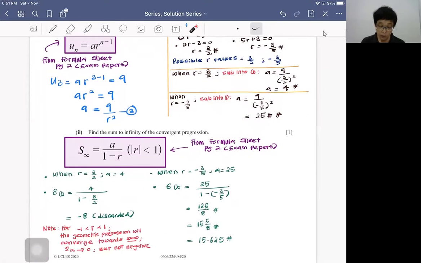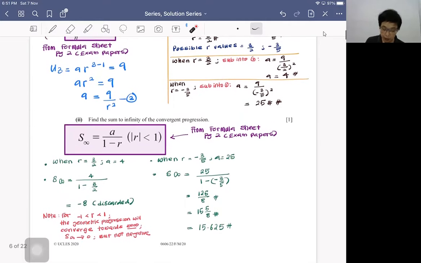Let's read the question. Find the sum to infinity of the convergent progressions. Again, for the sum to infinity, we go to the formula sheet at page 2, draw out the formula printed there, and I have drawn it out and pasted it here.